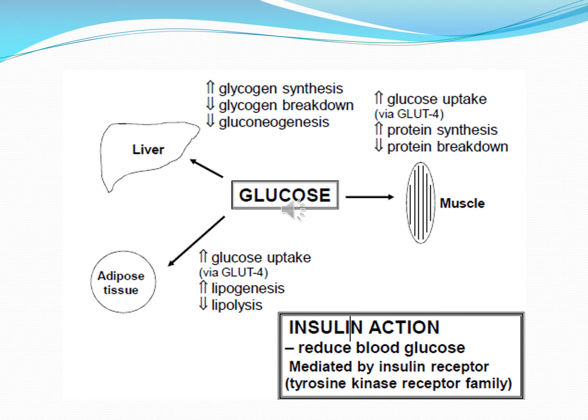So you're reducing the blood glucose. Within the cell you then get increased either protein synthesis or lipogenesis. In the liver, you're going to switch off glycogen breakdown and switch on glycogen synthesis. So all these actions essentially will reduce the blood glucose.